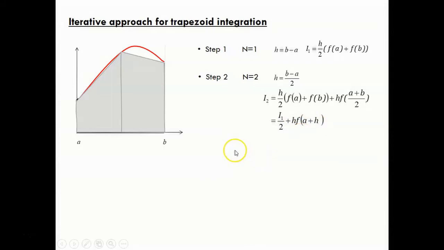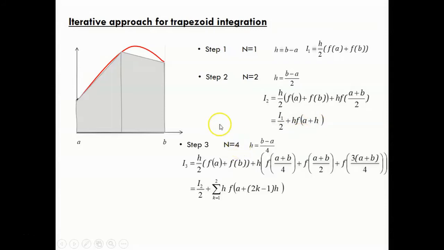Now for the third step, I didn't draw it here, so we have 4 trapezoids. And so we have h over 2 f of a plus f of b, h being the previous h over 2, plus h f of a plus h plus f of a plus 2h plus f of a plus 3h.